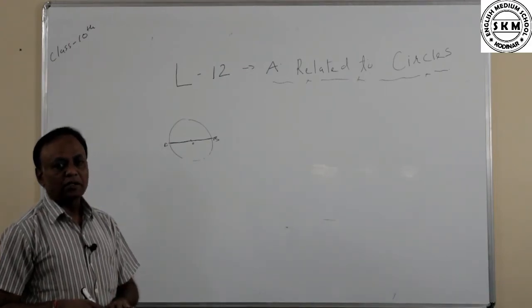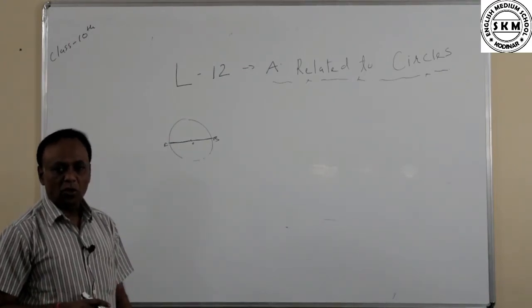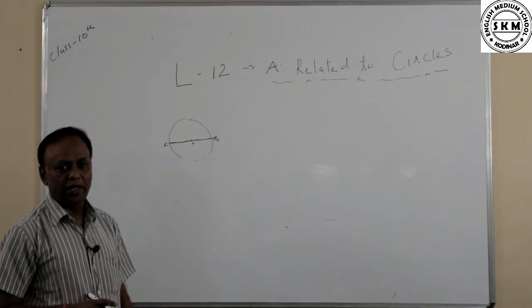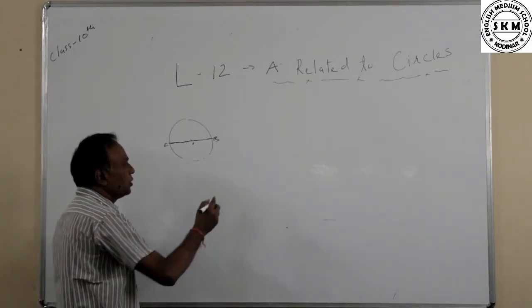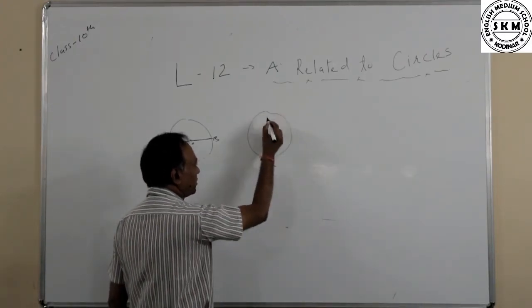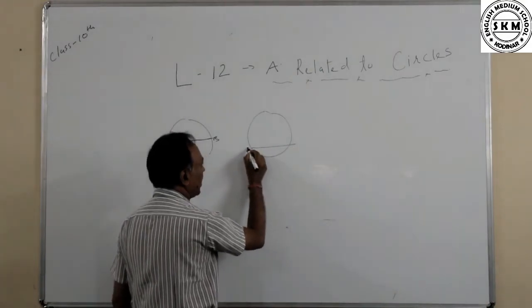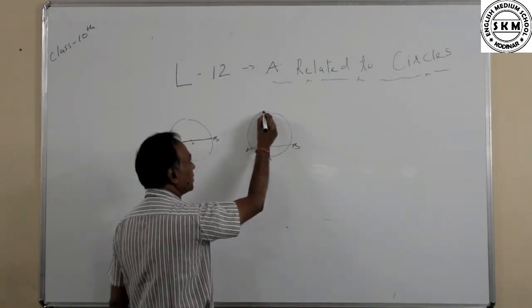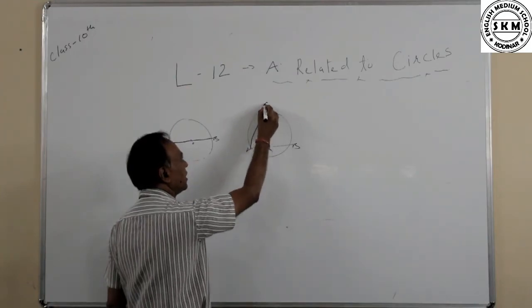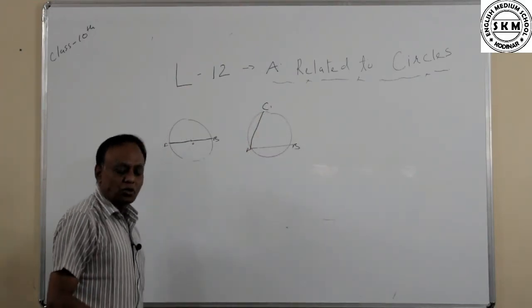Before starting the diameter, I want to discuss the chord, C-H-O-R-D, chord. So chord AB, then AC, it is called the chord.